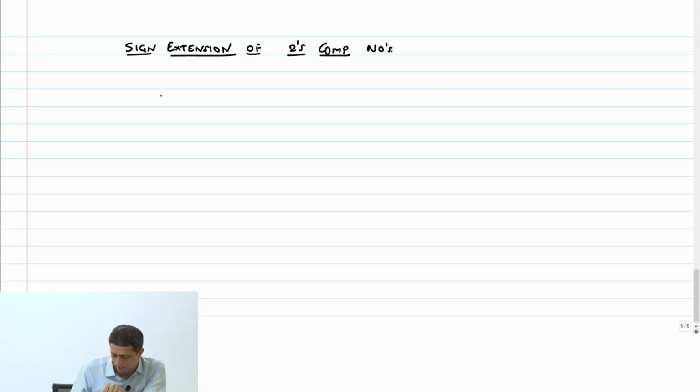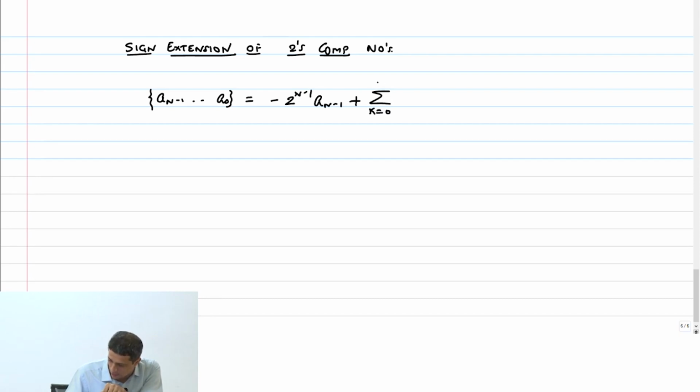Let's say I have a representation a n minus 1 down to a naught. A equals minus 2 power n minus 1 a n minus 1 plus summation k equal to 0 to n minus 2 of a k 2 power k.